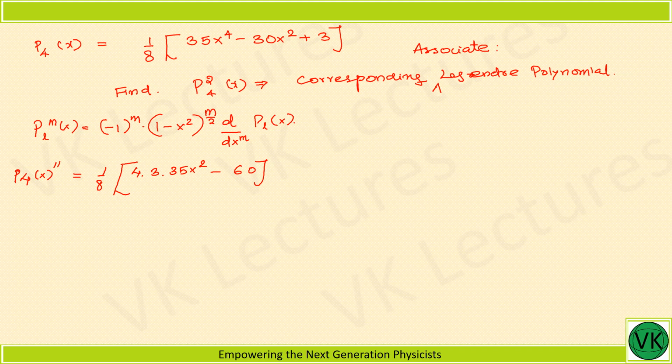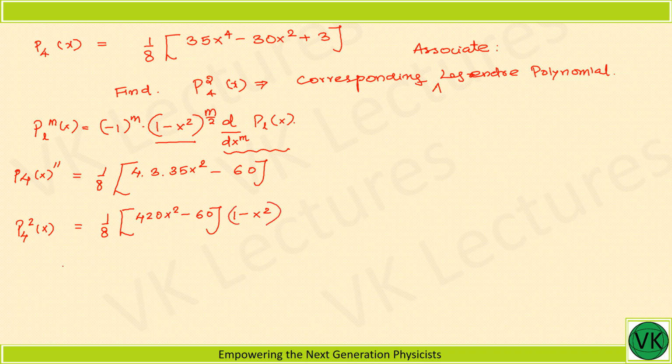The last term that we have is here, the second derivative. So P4 2 of x, where m equal to 2, gives us 1 by 8 into 12 times 35, 7, 420 x square minus 60 into 1 minus x square to the power m by 2, so that is 1 minus x squared.